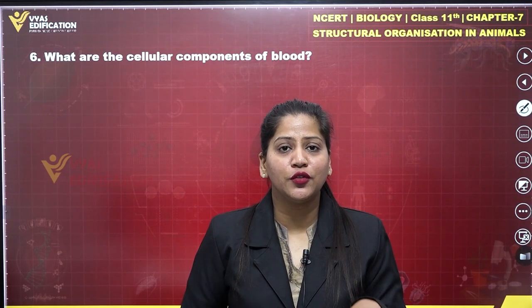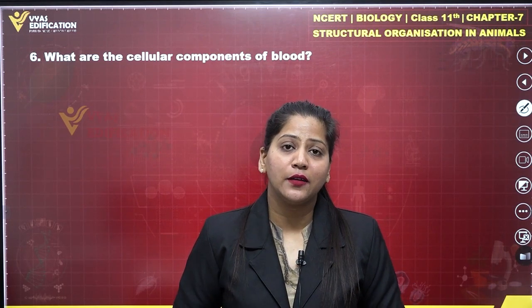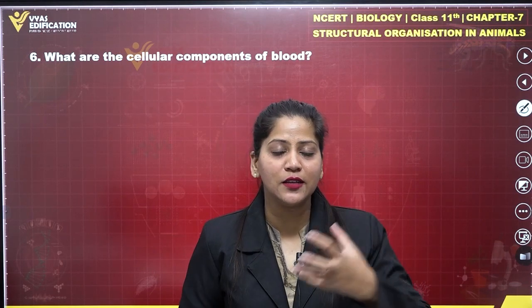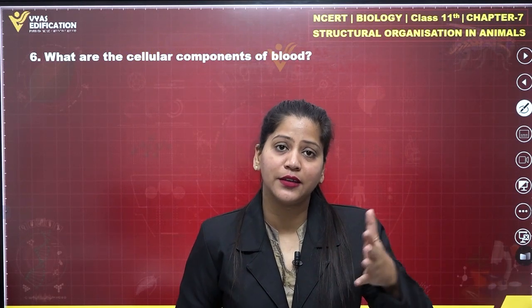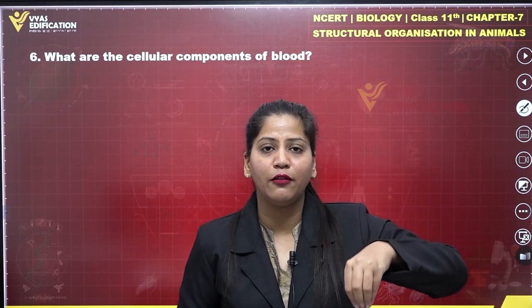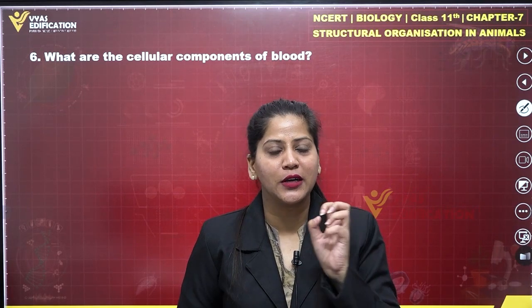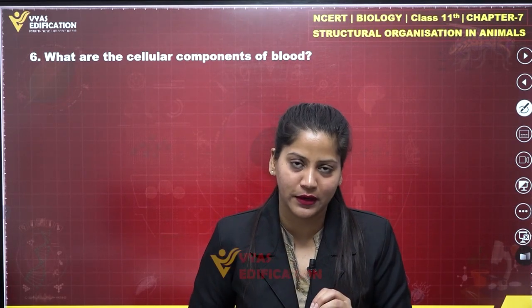Plasma contributes into the blood for about 55%, and the erythrocytes, leukocytes, thrombocytes, these all three types are the cellular components or the different types of cells suspended in the fluid portion called plasma in the blood, which contributes into the blood for around 45% of it, right?